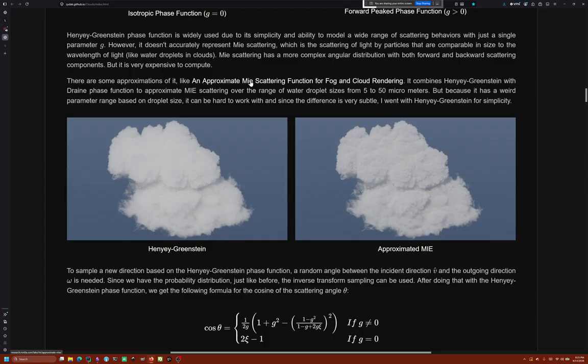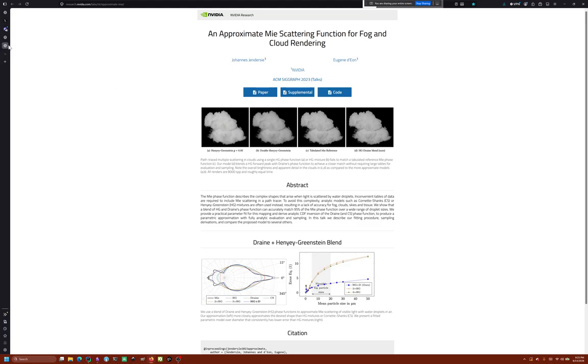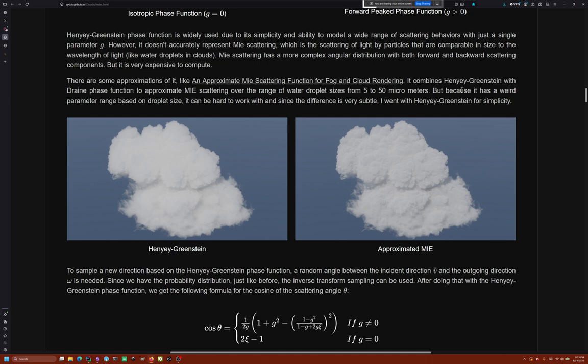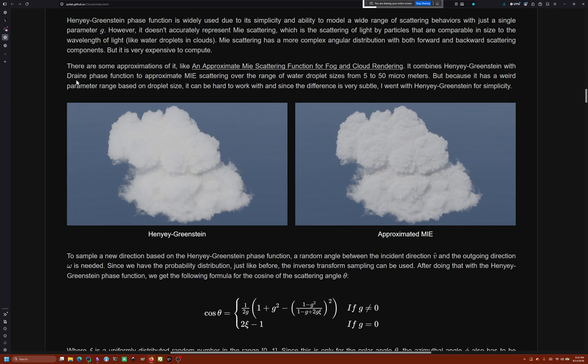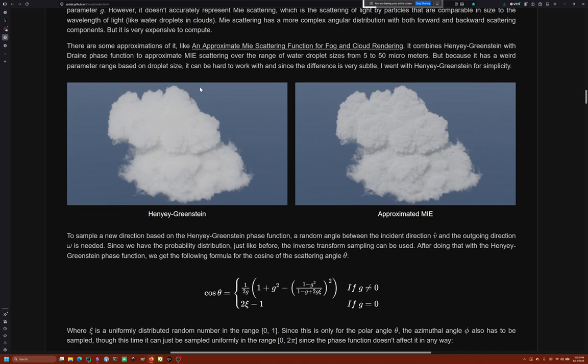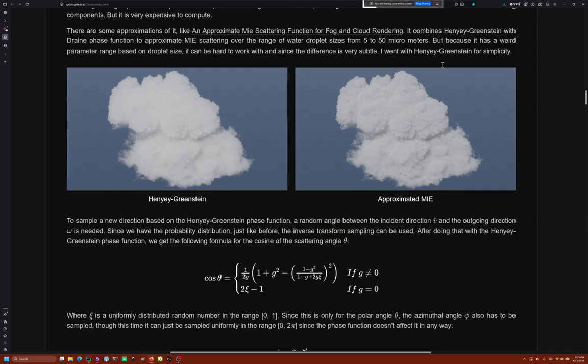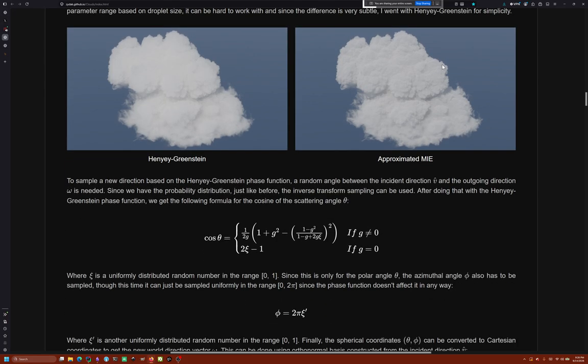So there are some other approximations, like combining Henyey-Greenstein with the Draine phase function. I'm going to have to take a look at that. They just went with the Henyey-Greenstein for simplicity, I guess.